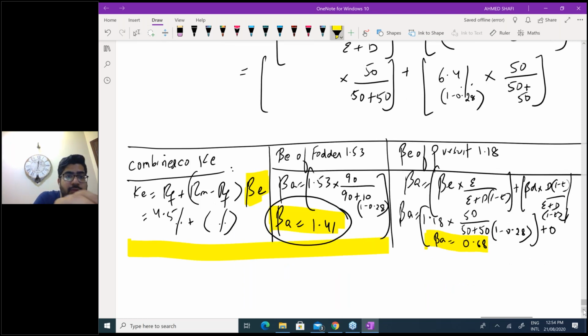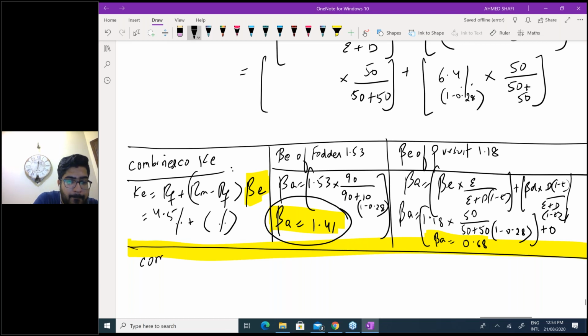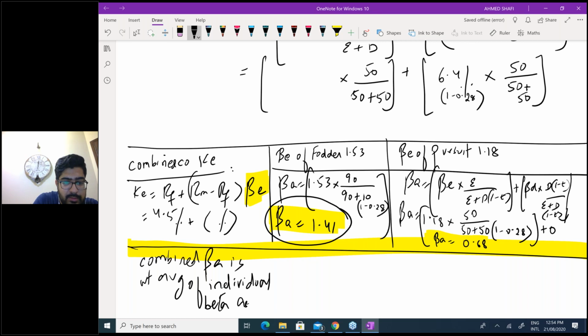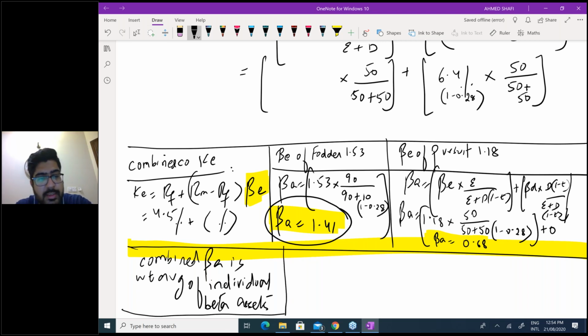So I got individual beta asset. Combined beta asset is the weighted average of individual beta assets. Okay, so what are the individual beta assets? 1.41, 0.68.